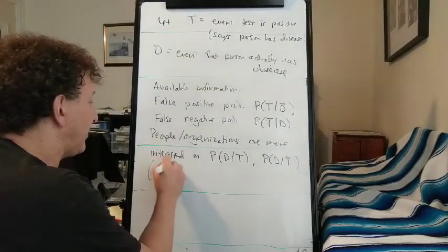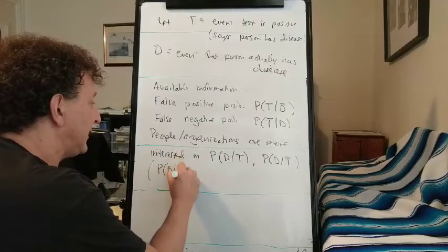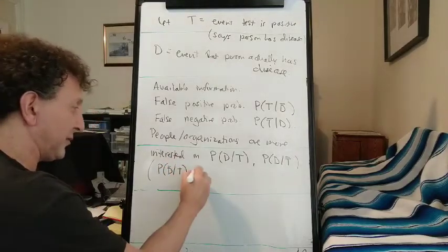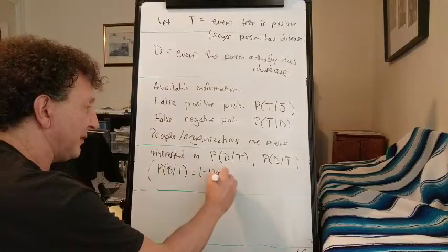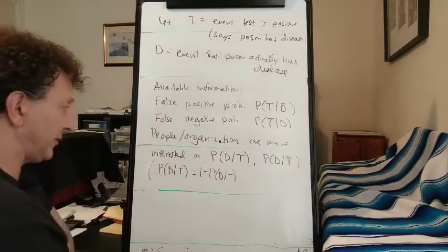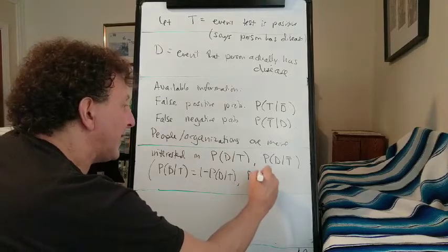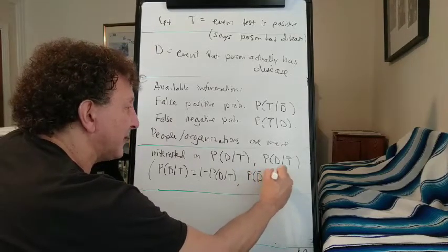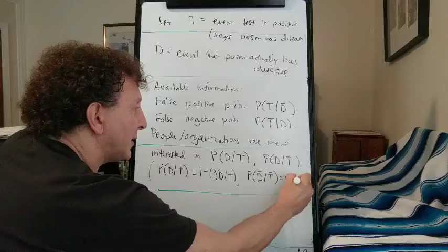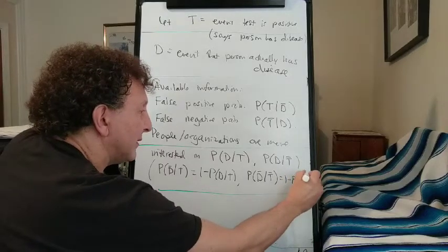And maybe the probability of not having the disease given that the test is positive, which is just 1 minus the probability of having the disease given the test is positive. Or the probability of not having the disease given that it's negative, which is 1 minus the probability of having the disease given that the test is negative.